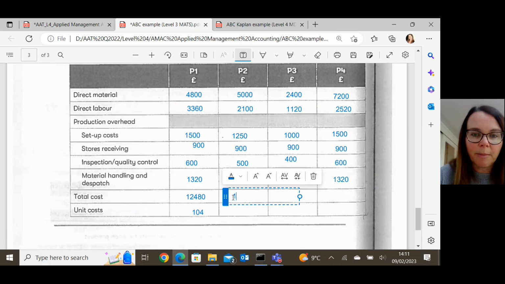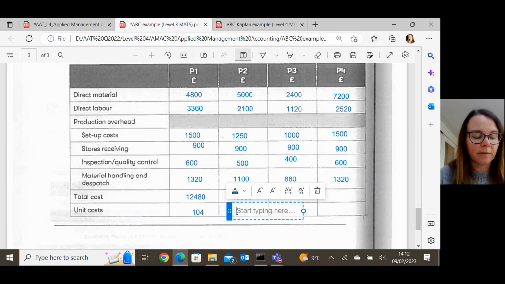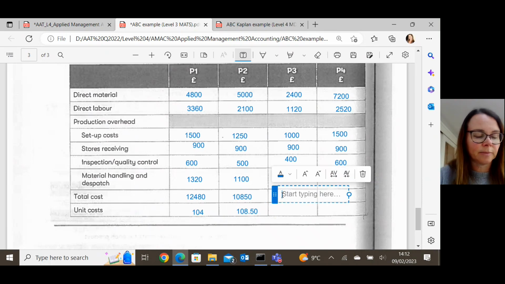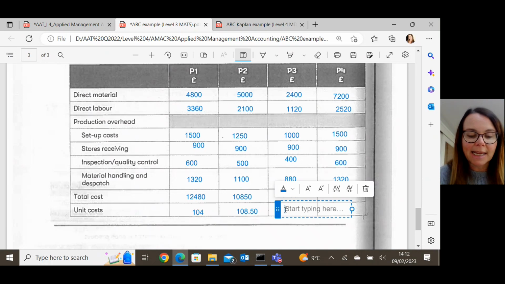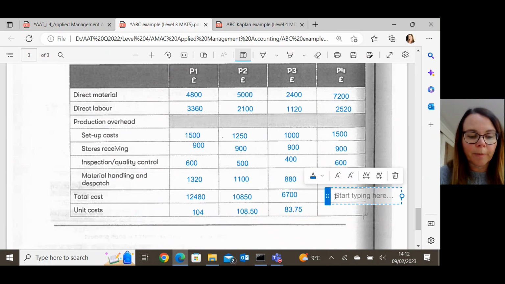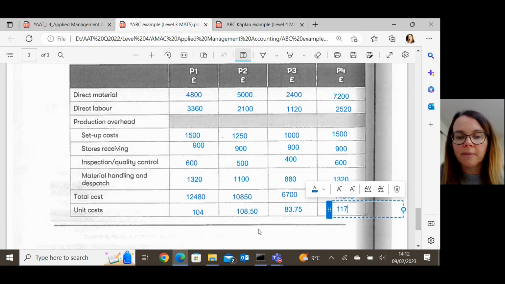Again, just add everything up for P2. Divide it by 100 units. Same for P3. Divide it by our 80 units. And finally for P4, divide it by our 120 units.